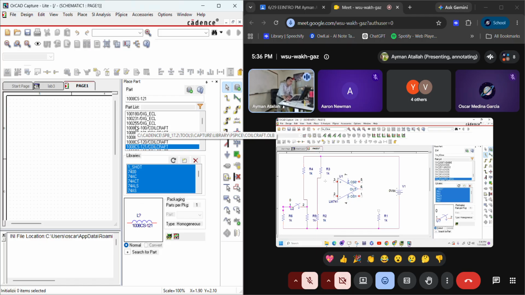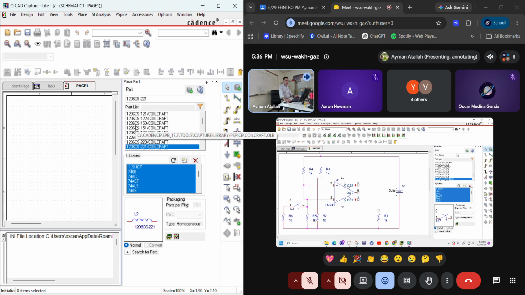Okay, so this doesn't matter. Now I'm going to connect the positive. It will be connected to this side. The negative will be connected to this side.